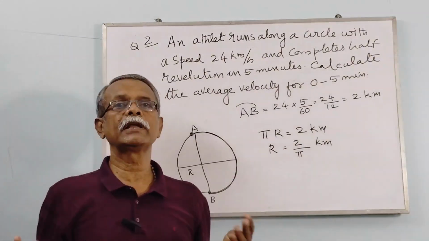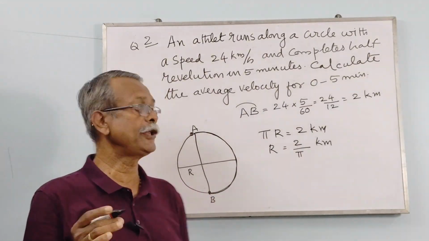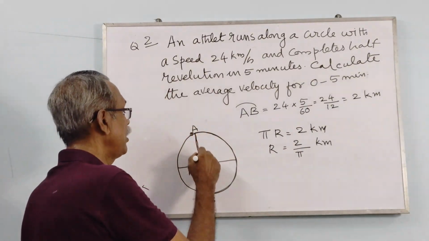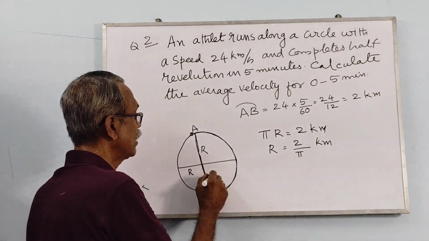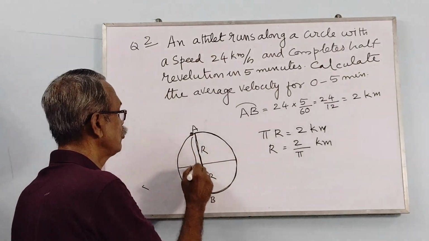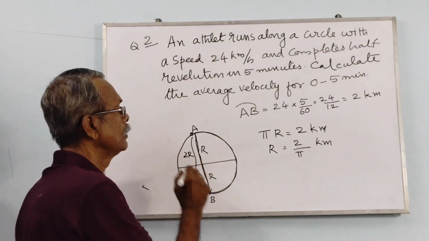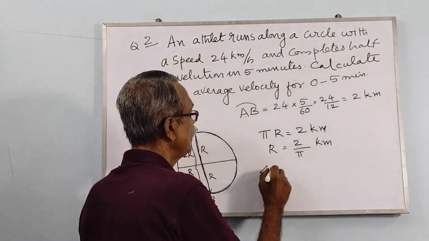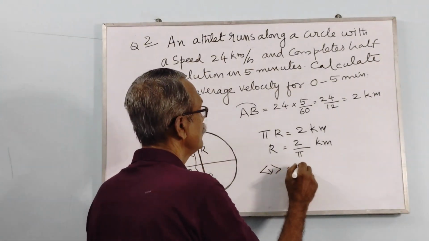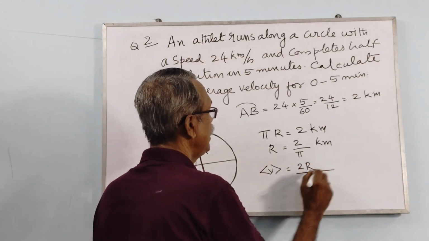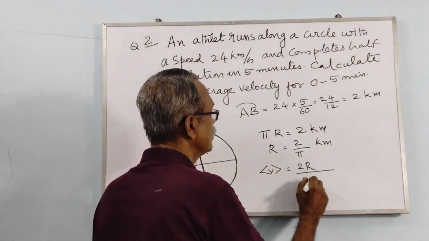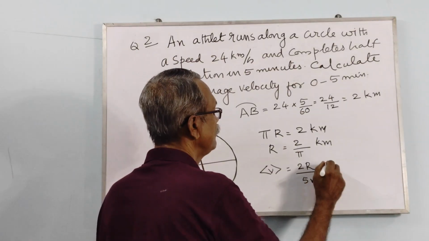Now we have to find the displacement from A to B. This is the displacement vector and this is r. This is r. Therefore, this total distance will be 2r. So, the average velocity will be 2r divided by time taken, that is 5 minutes.